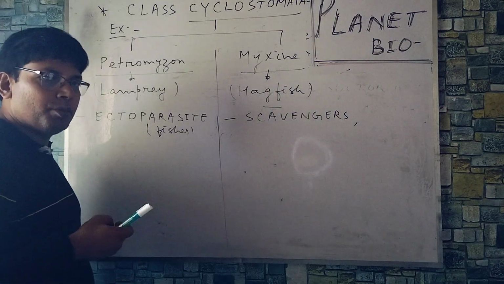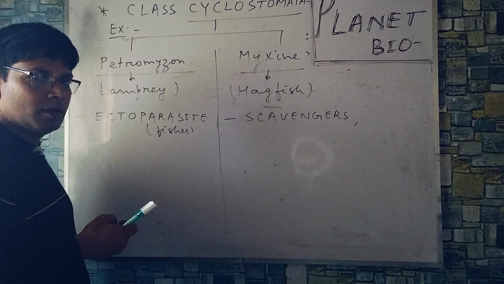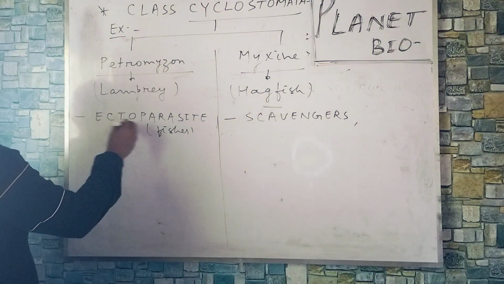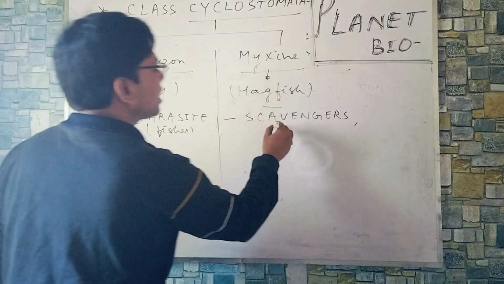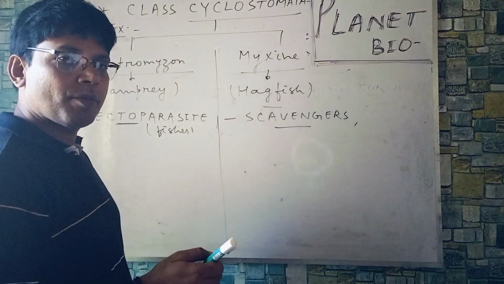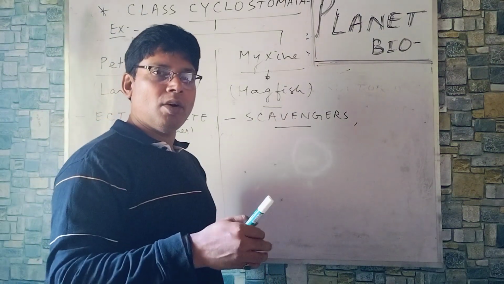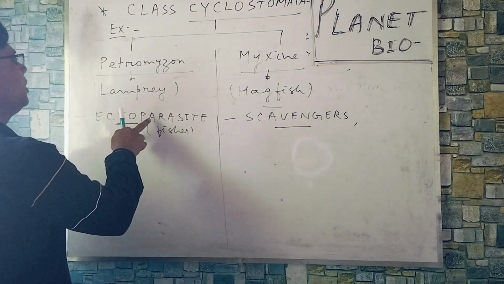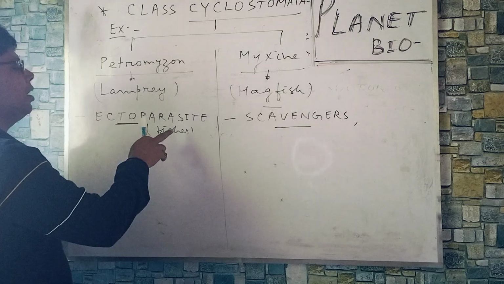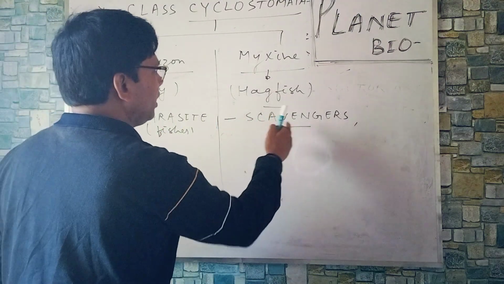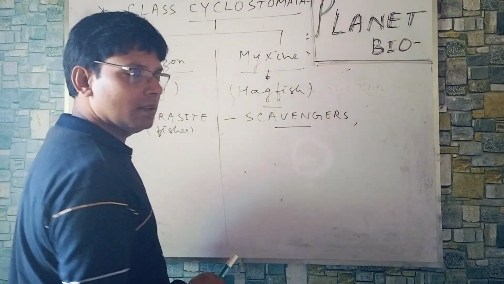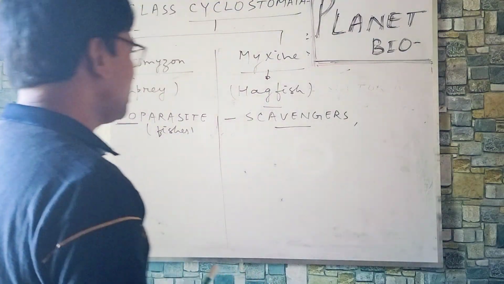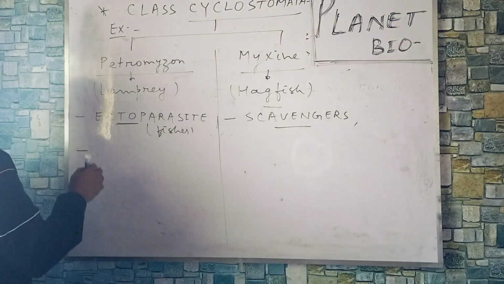Myxine is sanguivorous and a scavenger. Petromyzon, the lamprey, attacks jawed fishes and derives blood from the body of the host. Scavengers feed on dead or injured fishes. So petromyzon sucks the blood of fishes and myxine eats dead or injured fishes.